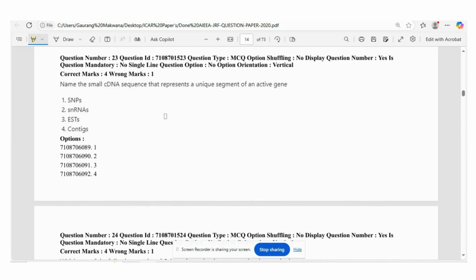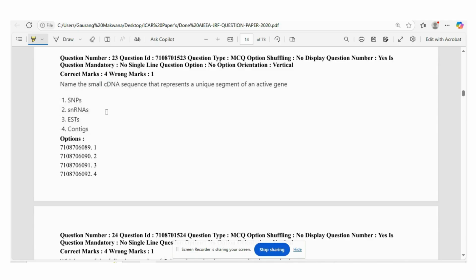Then, name the small cDNA sequence that represents a unique segment of an active gene: SNP, snRNAs, ESTs or contigs. SNP, as we know, is single nucleotide polymorphism, used only for mapping or polymorphism, so that is not the right answer. snRNA is applicable in RNA splicing.